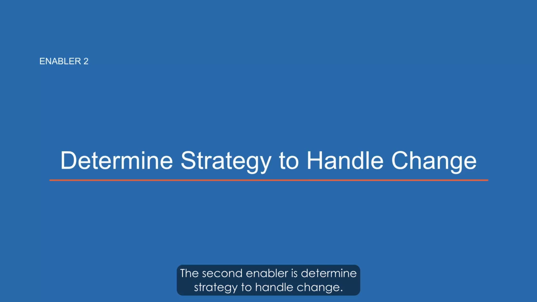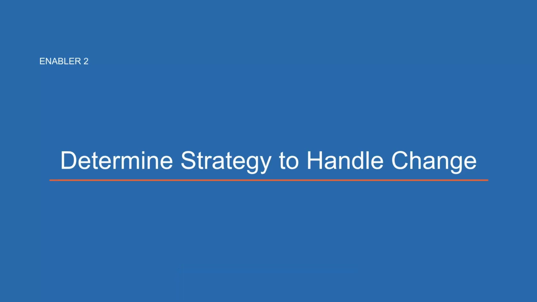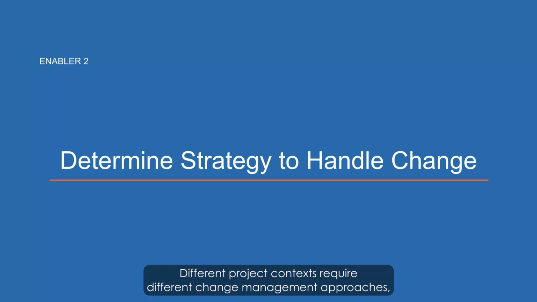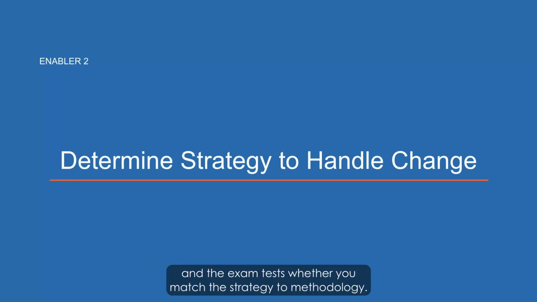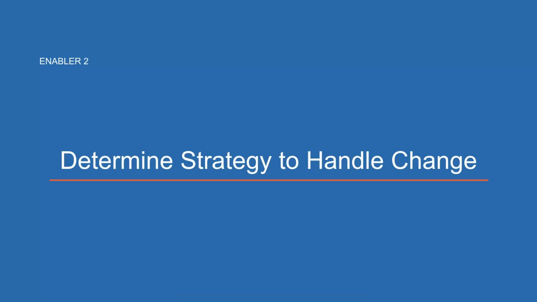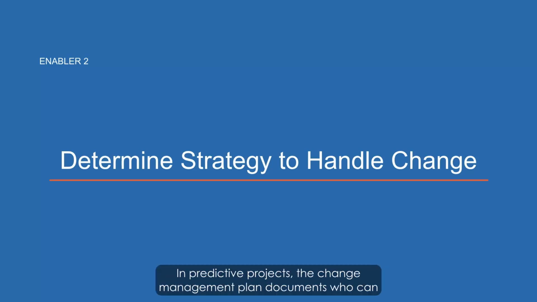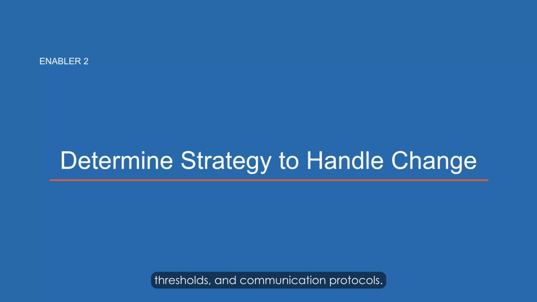The second enabler is determine strategy to handle change. Different project contexts require different change management approaches, and the exam tests whether you match the strategy to methodology. In predictive projects, the change management plan documents who can request changes, how impact is assessed, CCB composition, approval thresholds, and communication protocols.